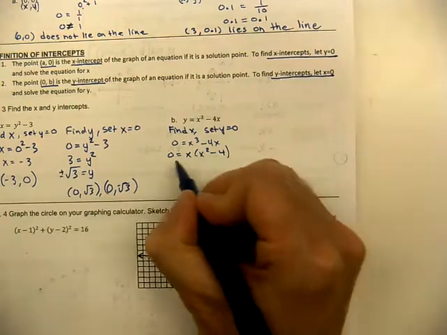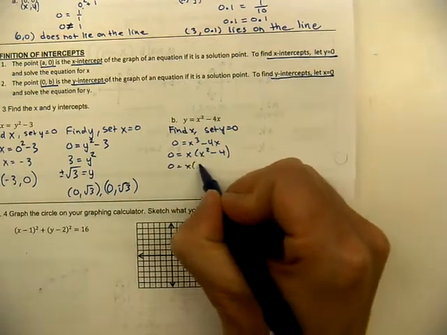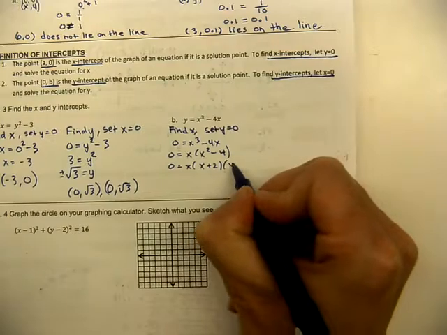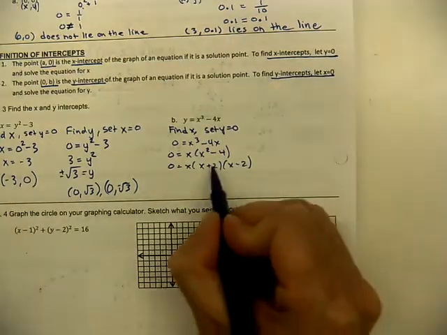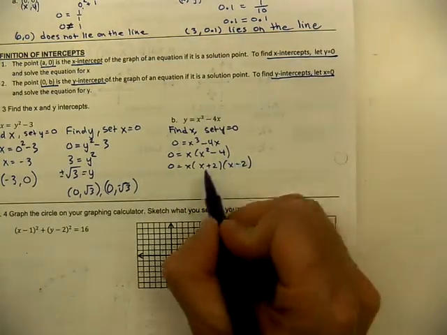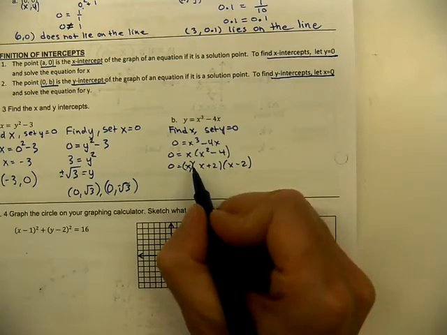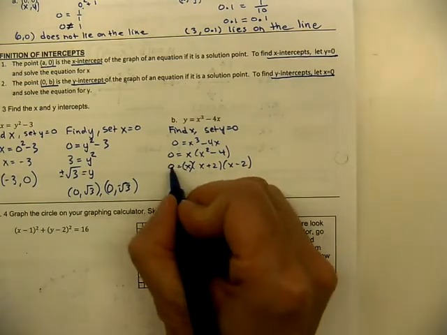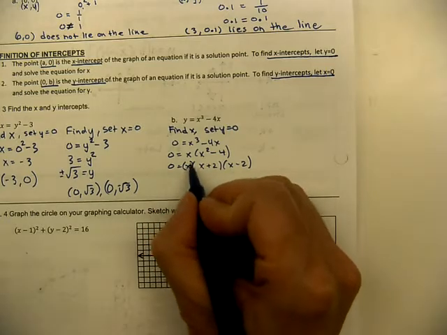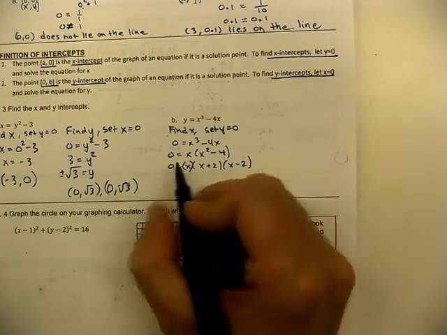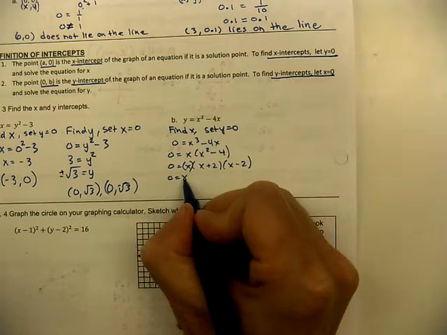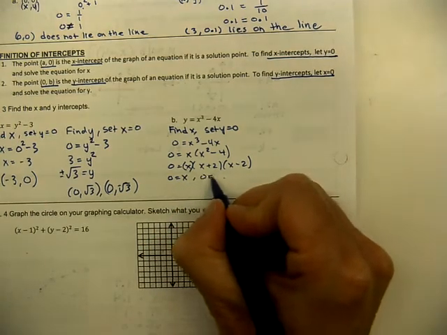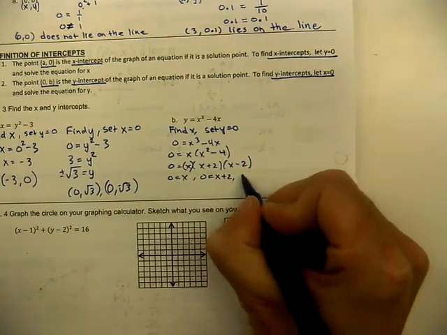And now we have a difference of perfect squares. So that'll factor into x plus 2 and x minus 2. Every factor is being multiplied together. And we have something called the zero product property, which means we have a 0, we have a product. Product is multiplication. And the property says that you can set every factor equal to that 0.